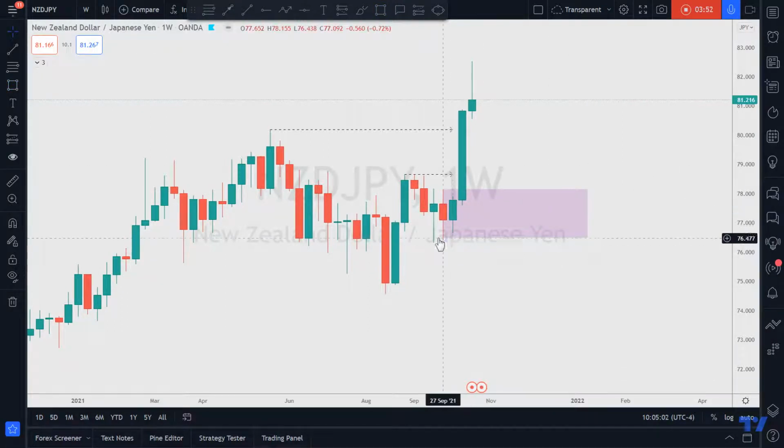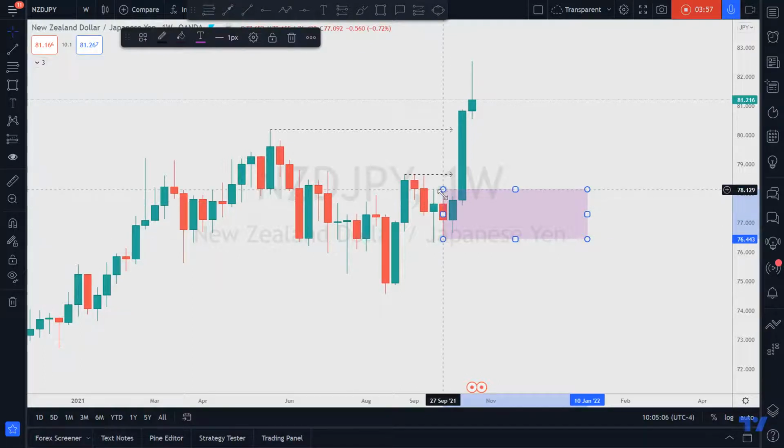Some people will say, "Hey, how come you're not going from wick to body to mark your order blocks?" This is the move. This whole move is the down move. Order blocks are not just a bullish engulfer.